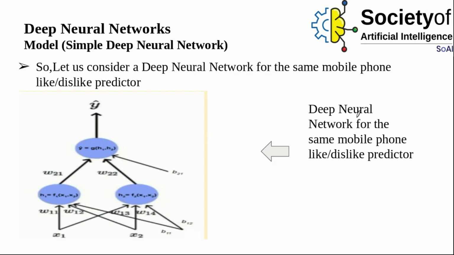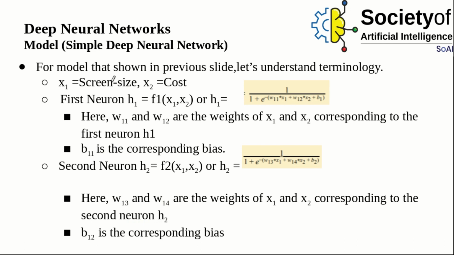So, deep neural networks for the same mobile phone: this is the graph for our deep neural network for the mobile phone like or dislike predictor. For the model that was shown in the previous slide, let's understand the terminology a bit. Here, the first neuron h1 is a function of x1 and x2, and h1 is equal to 1 divided by 1 plus e to the power minus of w11 x1 plus w12 x2 plus b1.